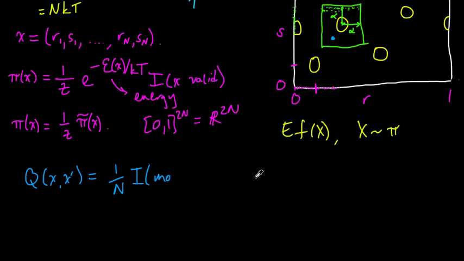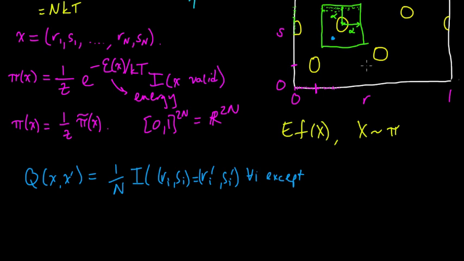Maybe I could write it formally, to be clear. So (Ri, Si) equals (Ri', Si') for all i except for 1.